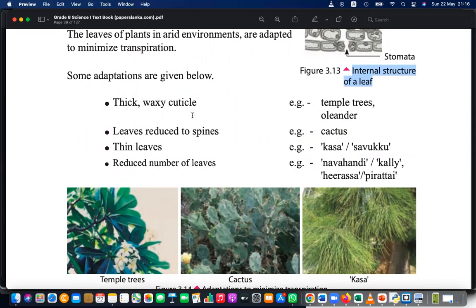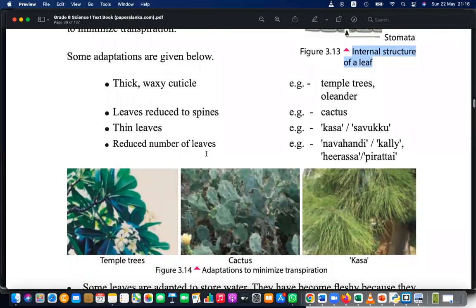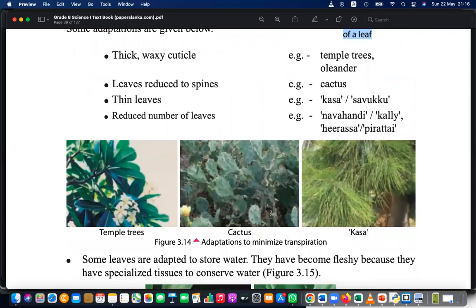Basically the temple tree, you can see that, or a cactus. So thick and waxy to protect the water inside the leaf. And some are adapted like this, with thin leaves, or a reduced number of leaves.